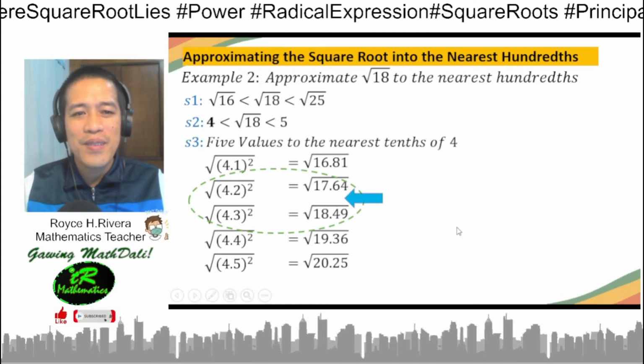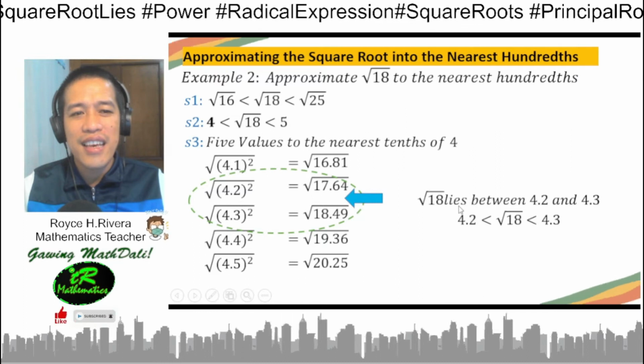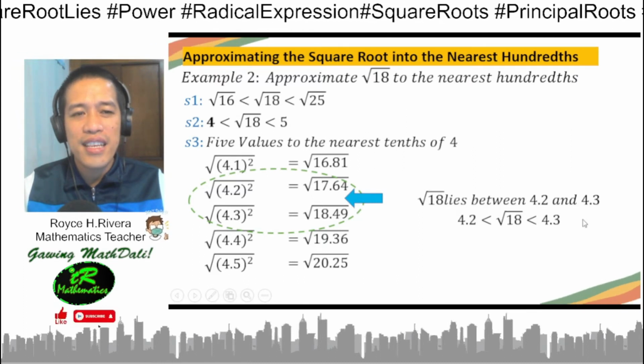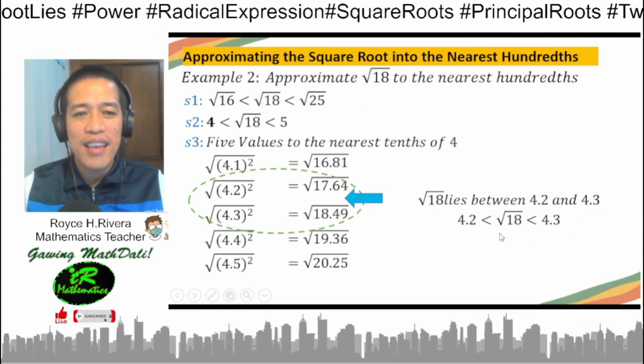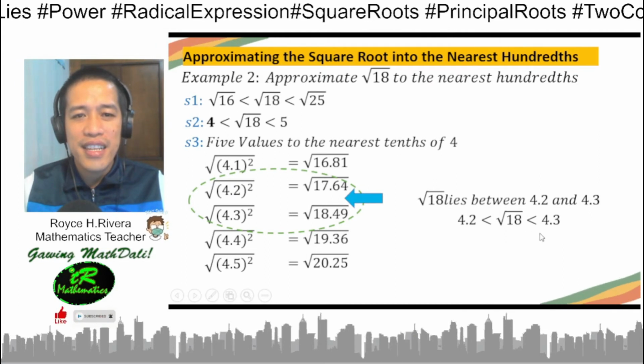For our conclusion, the square root of 18 lies between 4.2 and 4.3. In symbol, 4.2 is less than the square root of 18, which is less than 4.3.